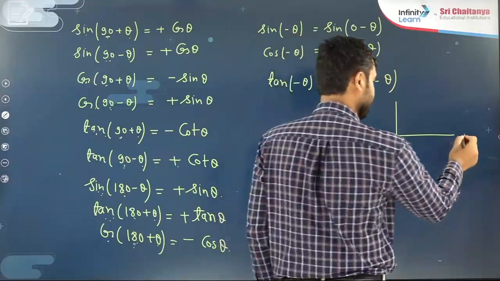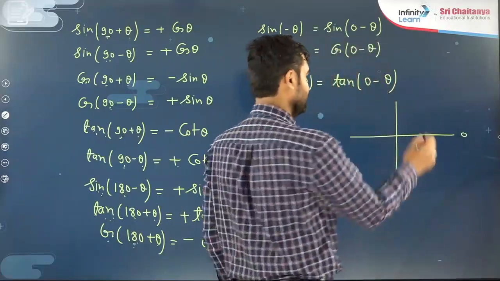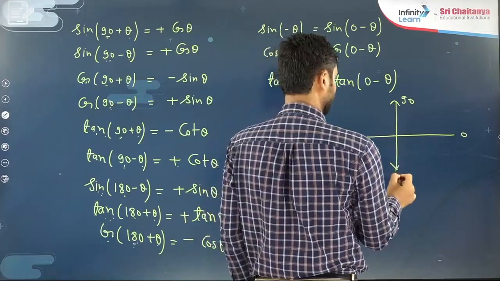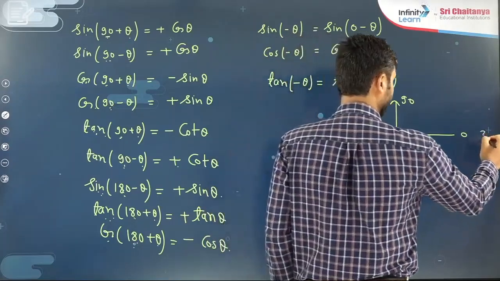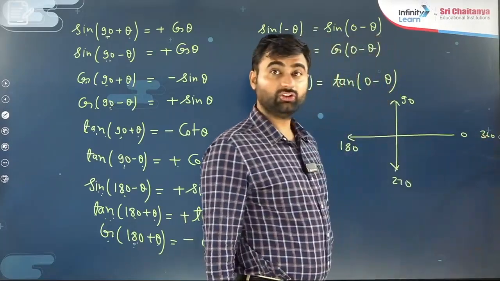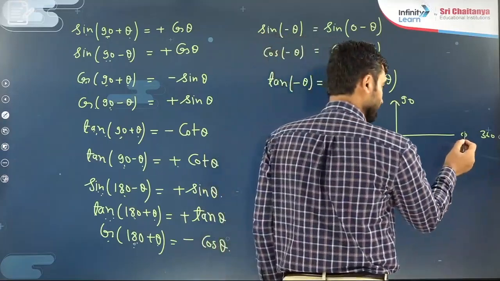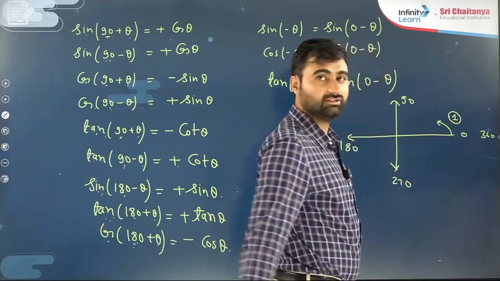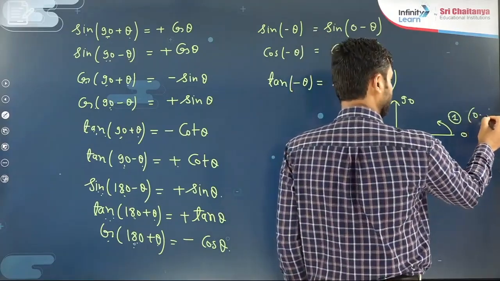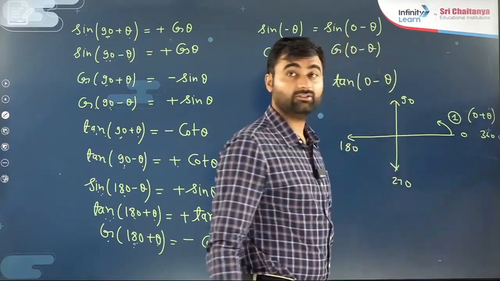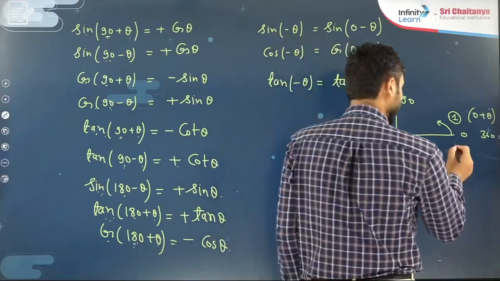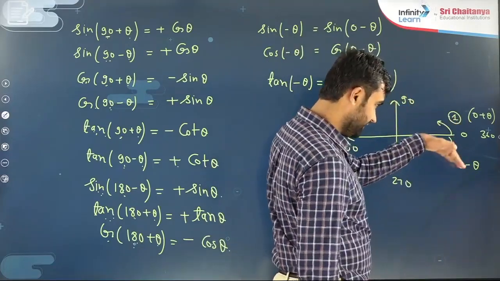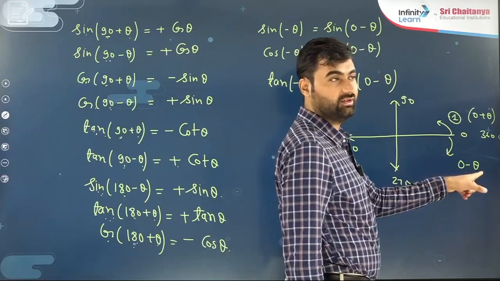We discussed now, this is 0, है ना? This is 90, this is 180, this is 270, and this is 360. So 0 plus theta means you are in first quadrant, and 0 minus theta means fourth quadrant.